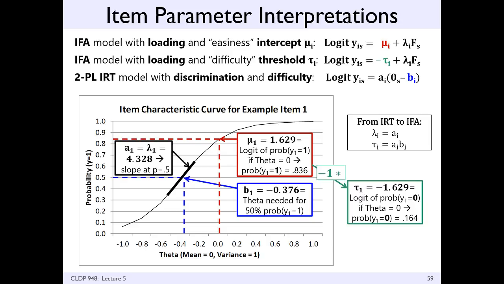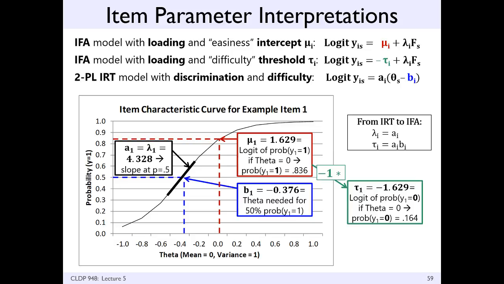That's another reason why it's convenient to have theta have a z-score distribution with mean 0, variance 1. So that A is the slope at the B value, which in this case is minus 0.38. So just below the average value of theta is where you would have a 50-50 shot of getting this item right. So it takes just under average theta to have a 50-50 shot.